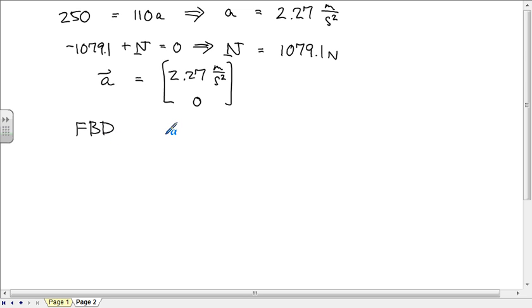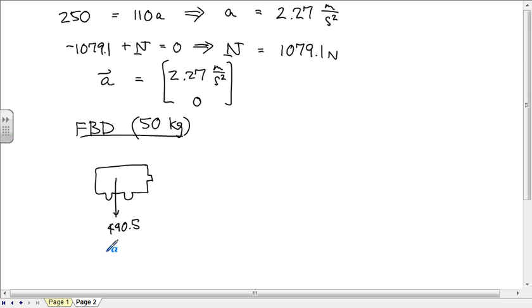I'm going to isolate the 50 kilogram cart. So the forces: you have the weight acting down, that's 490.5.